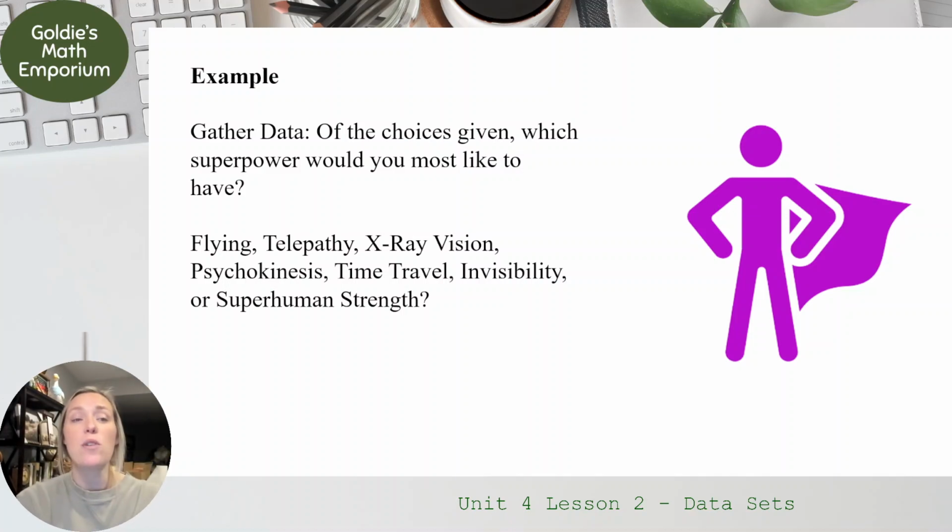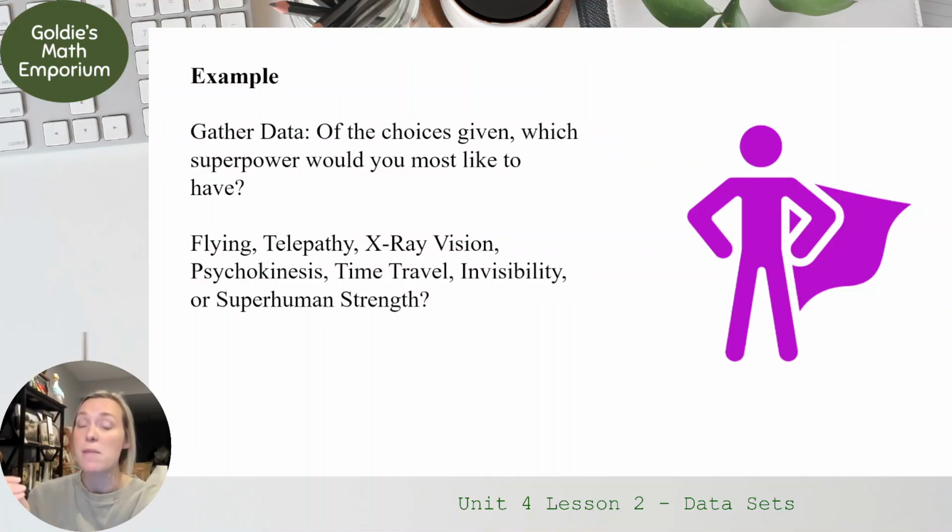The options are flying, telepathy, x-ray vision, psychokinesis, time travel, invisibility, or superhuman strength. And you have to choose one of them. Don't be someone who says, oh, well, I have this offhand. No, these superpowers are your choices if you had to choose.